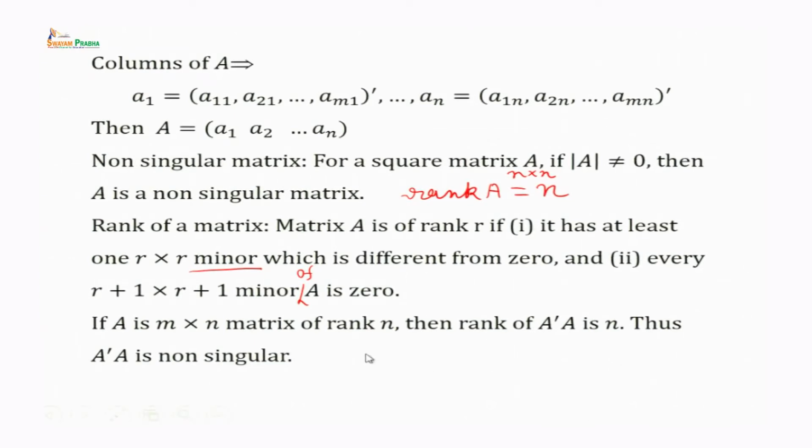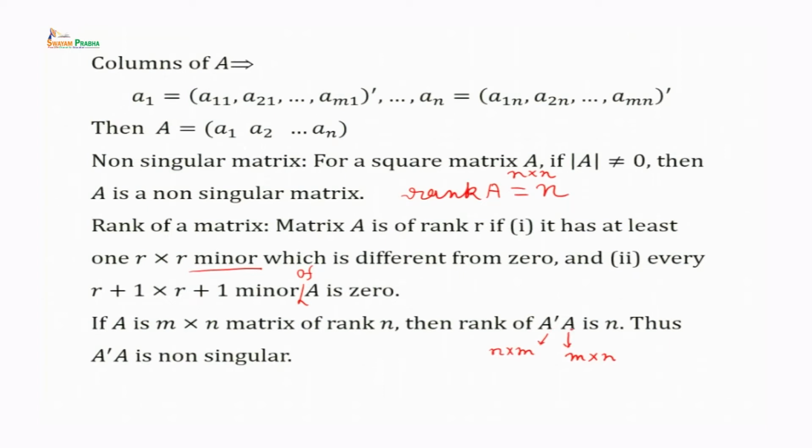Now, suppose A is any m cross n matrix of rank n, then consider the rank of A transpose A. What is the order of A transpose A? A is of order m cross n, A transpose is of order n cross m.